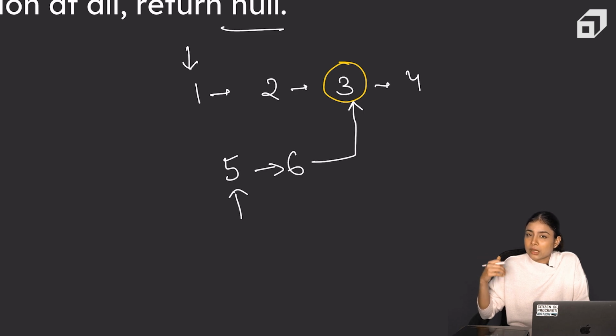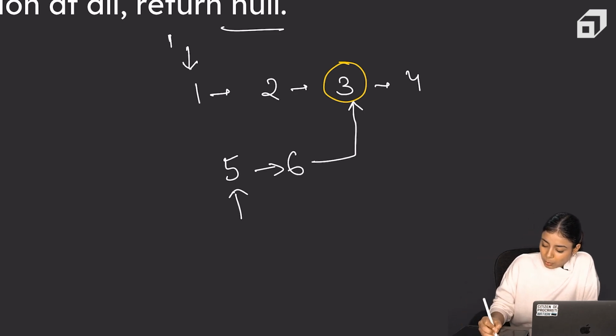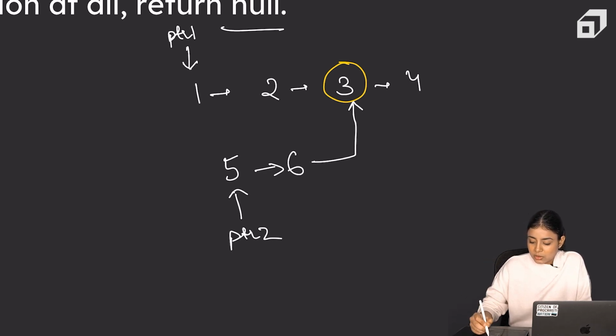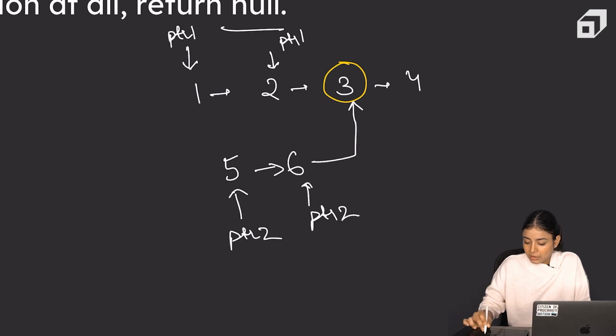If I start traversing, for example, I take a pointer 1 here and I take a pointer 2 here, and I start traversing and comparing pointer 1 and pointer 2 nodes. So I know 1 and 5 are not same. So I move pointer 1 ahead, pointer 2 ahead. Now again 2 and 6 are not same.